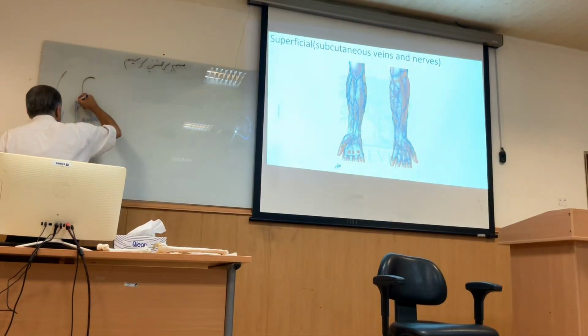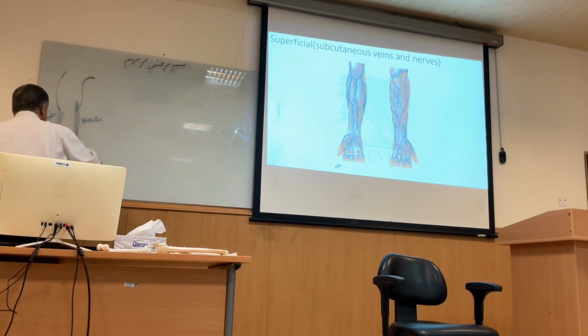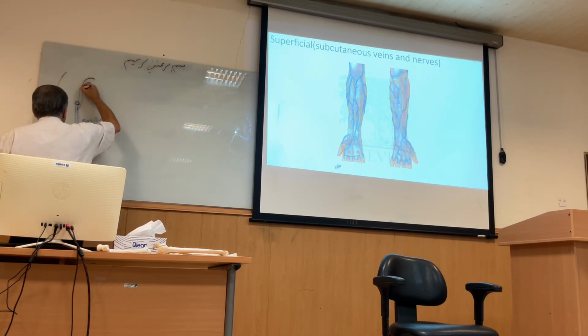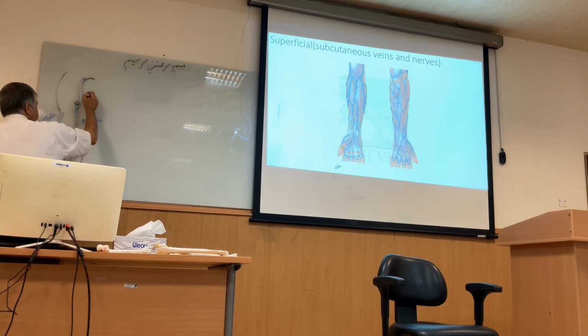Basilic vein pierces the superficial, pierces the deep fascia, and is changed to axillary vein. Here is basilic, here is axillary vein.